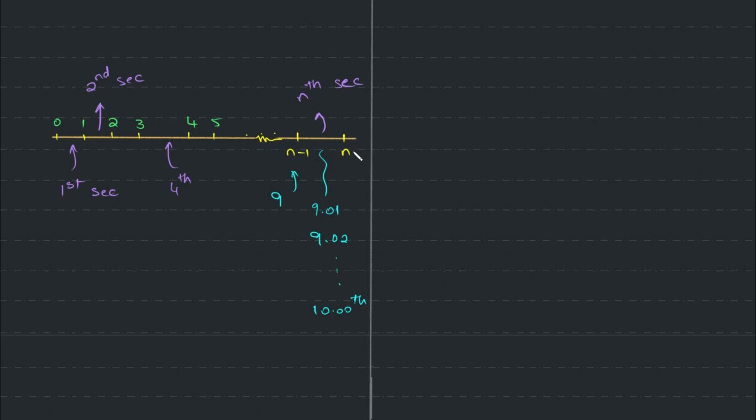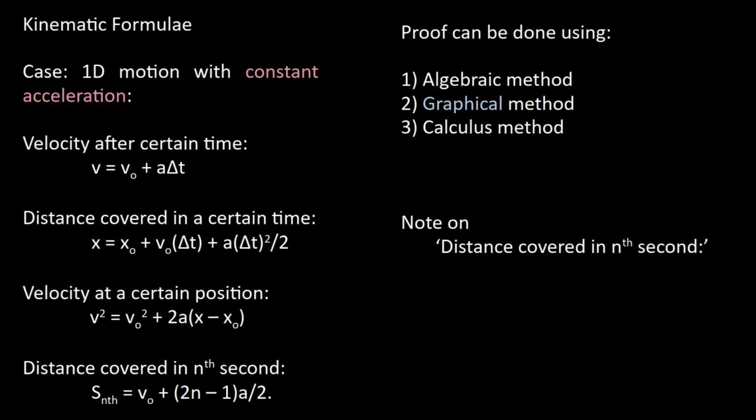When we complete the 10th second, whatever distance has been completed, that's your nth second movement. That's important for us to understand because while deriving or applying it, we need to know. So these are all the formulas. We'll derive this. This is just an introduction video.